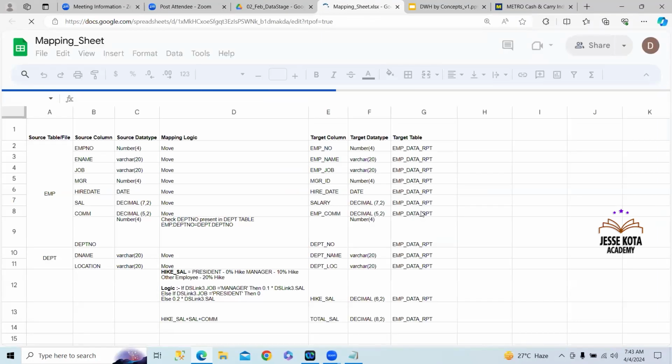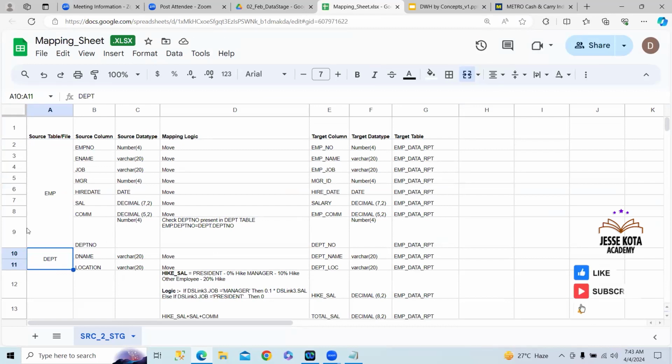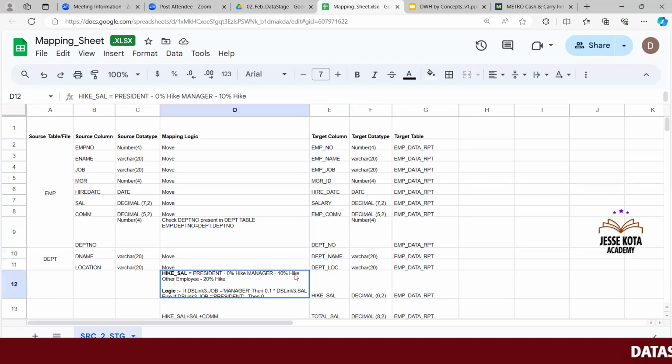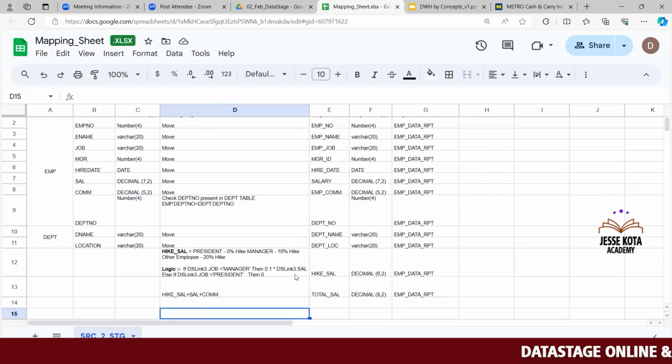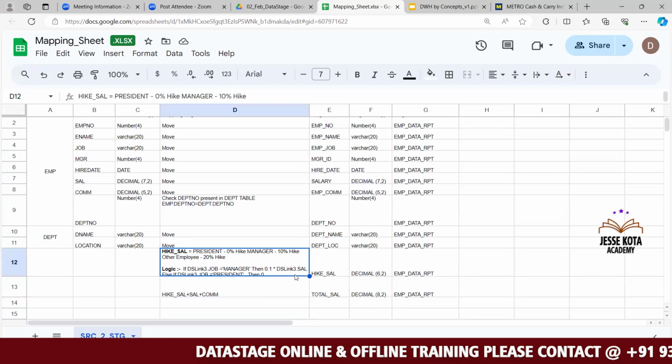Just take an example, the employee table versus the DEPT table. In my output, I need the details of both employee information as well as department information. So I need to bring the columns from the employee table as well as the department table, and I need some derived columns. Derived columns are data that is not coming from the source; we have to derive it at the intermediate level.